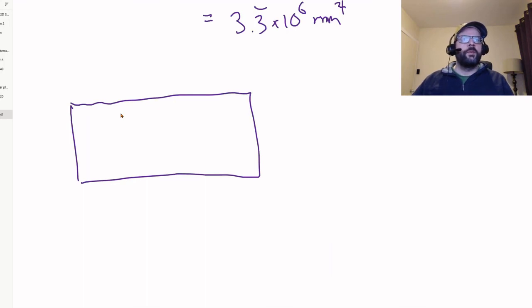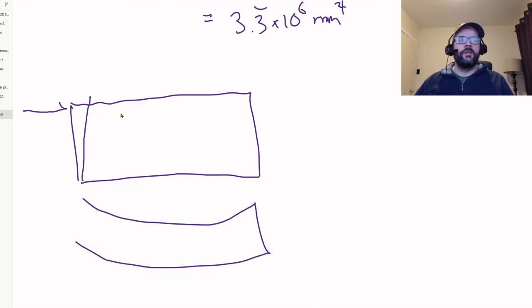So if we apply a force like this, it's going to cause this bar here to bend like this. Again, we define positive moments as ones that cause these smiley face type bending moments.